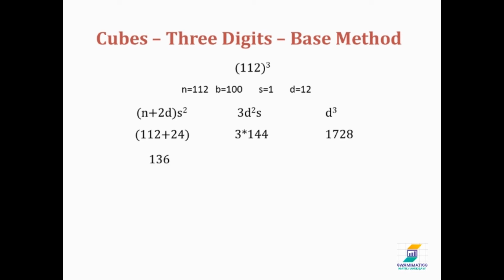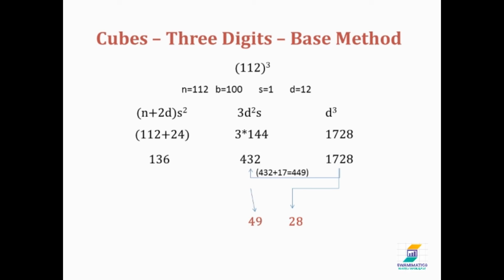So the first one is 136. Then the next one is 3 into 144, 432 and 1728. Again, you need to take 2 digits at a time because your base is 100. So from 1728, 28 will be the first 2 digits.